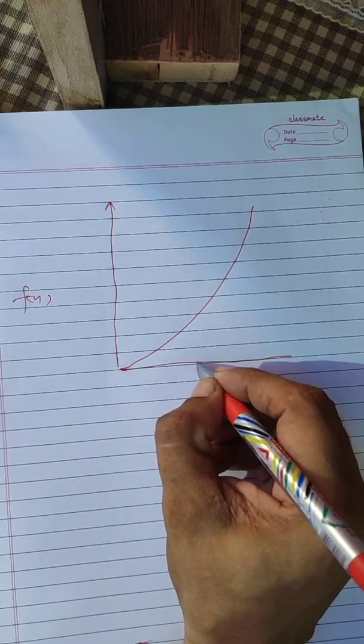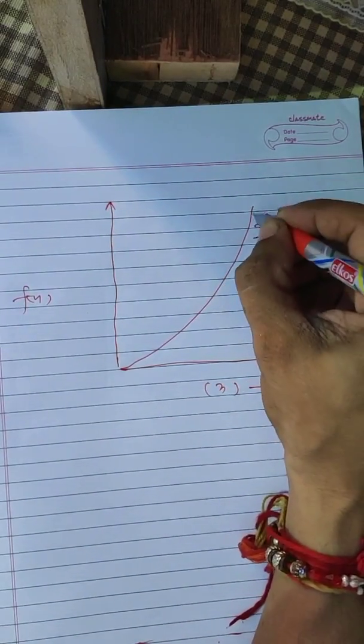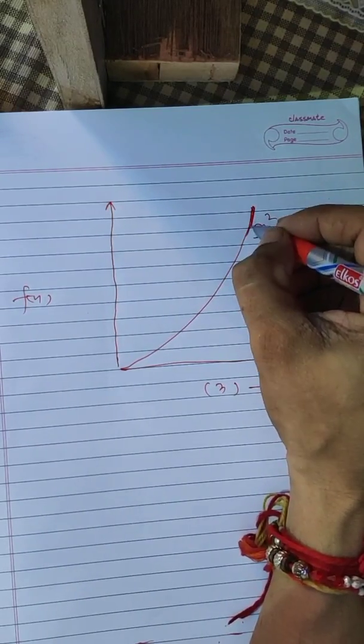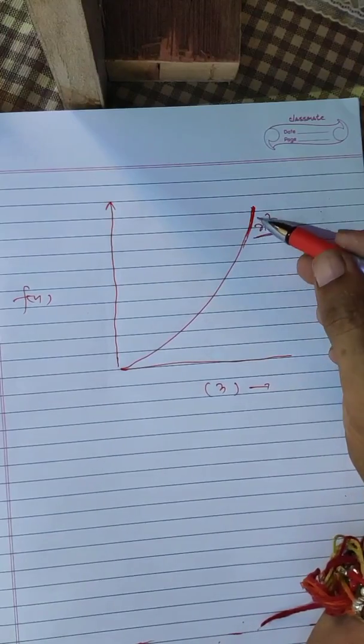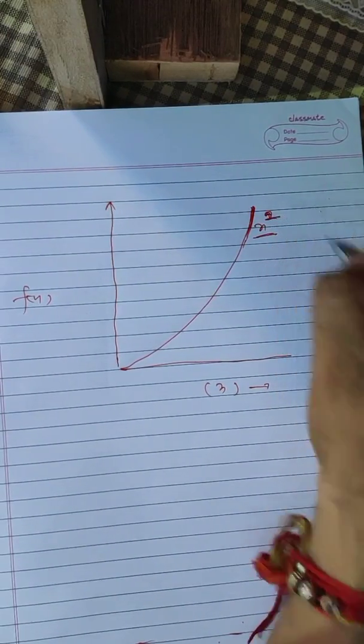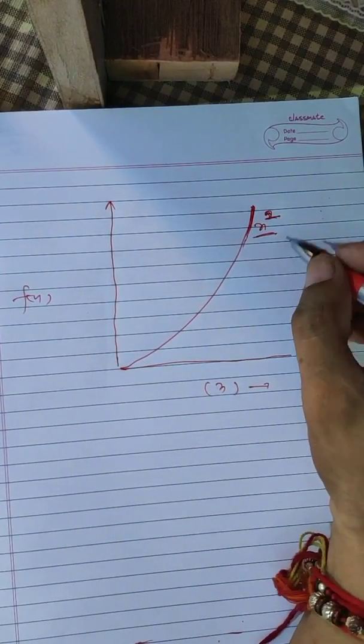Let's say this quadratic equation is like x square. We have already discussed that a quadratic function gives a parabolic graph, like x square or 2x square or 3x square plus 5. In that manner the degree of the polynomial has to be always 2.